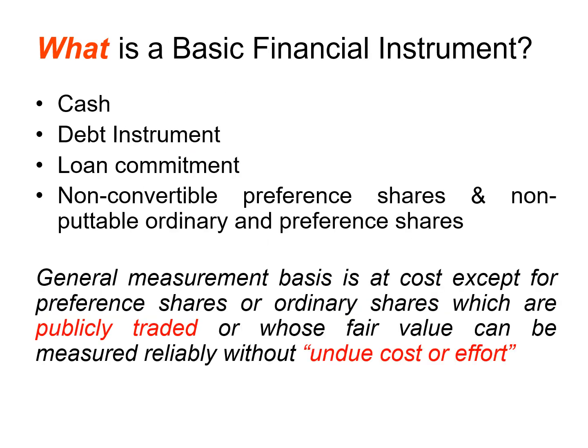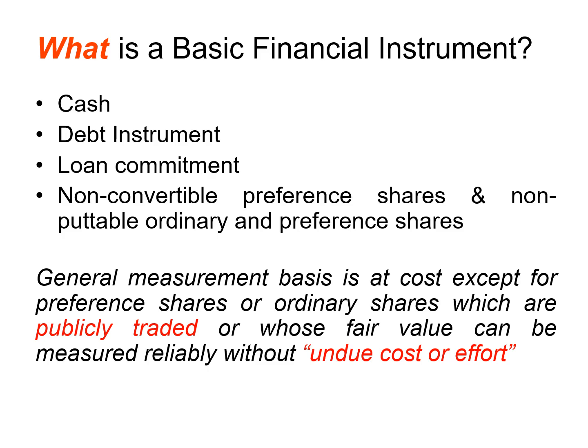Delving a little deeper into what we have in this section that deals with financial instruments. It addresses what a basic financial instrument is, and it gives us examples of the typical items that would meet the criteria for classification as basic financial instruments: cash, debt instruments, loan commitments, non-convertible preference shares, non-puttable ordinary shares, those sorts of things.